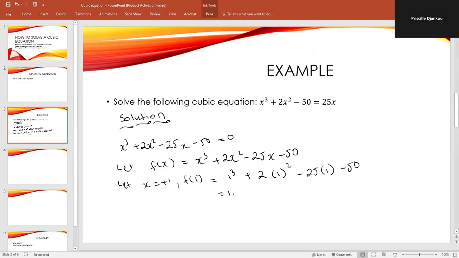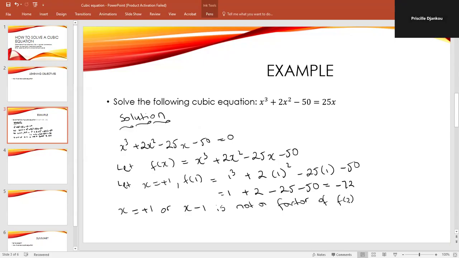This gives us 1 plus 2 minus 25 minus 50, and the answer is minus 72. Seeing this is not equal to 0, our conclusion is that x equals plus 1, or x minus 1, is not a factor of our function f of x.